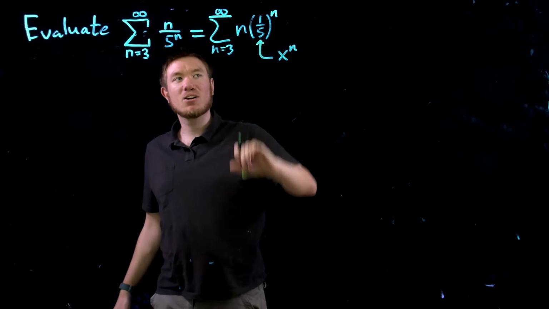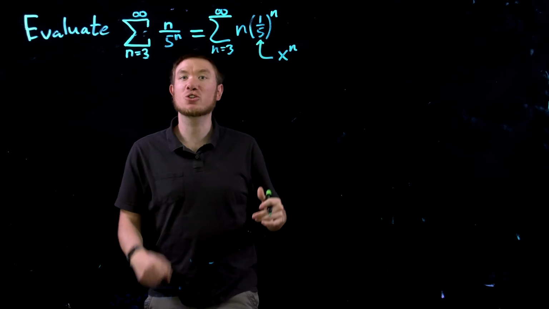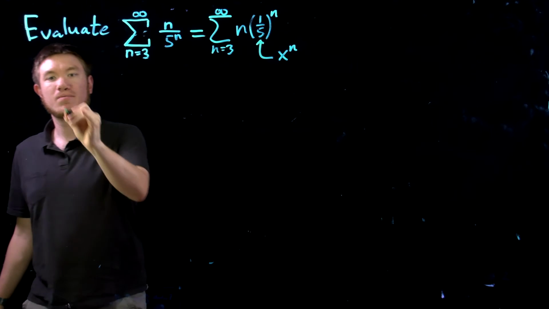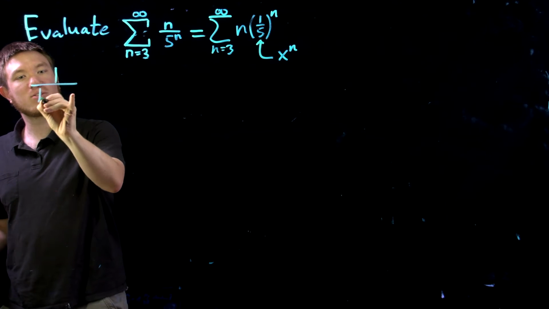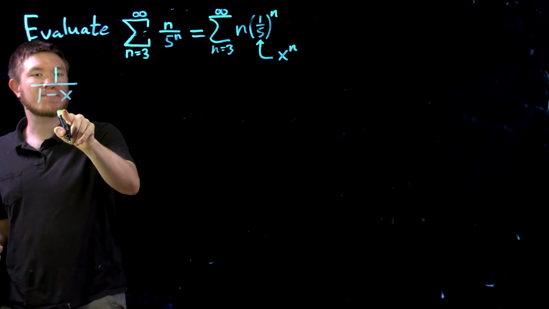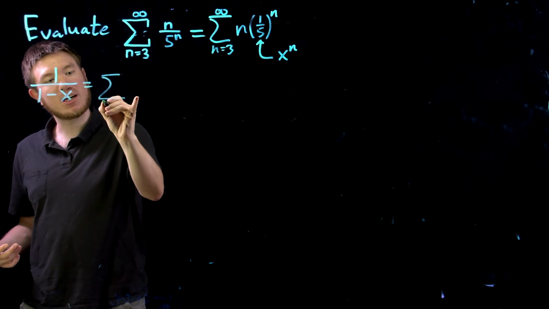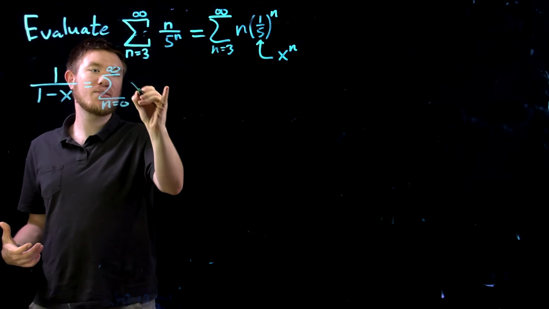Having 1/5 to the n here should also make you think of geometric series. That's a lot of times how we will start these problems, because we know how to evaluate geometric series. Remember that the geometric series is the power series 1 over 1 minus x, and if we expand that, we get the sum as n goes from 0 to infinity of x to the n.